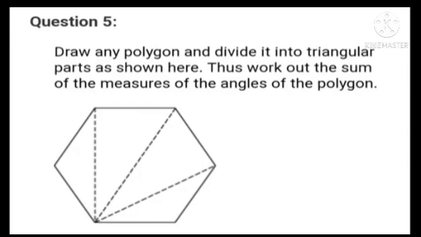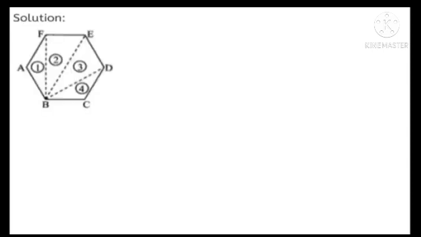We know that the sum of the angles of any triangle is 180 degrees. That means if we add 180 degrees 4 times, we will get the sum of the measures of the angles of this polygon. So let's have a look at the solution.